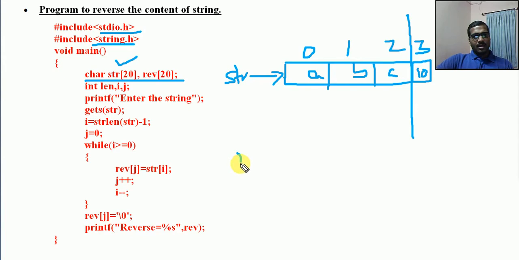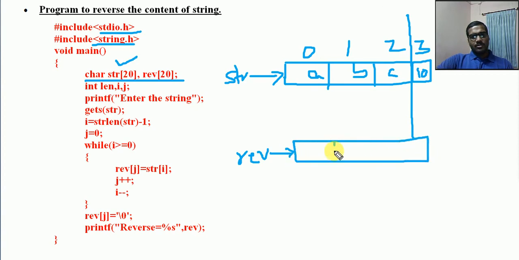Now str is one string. Then we have another string, reverse, which points to the base address of another string. Here also I am expecting 3 values, and the final must have a \0. Initially nothing is there.